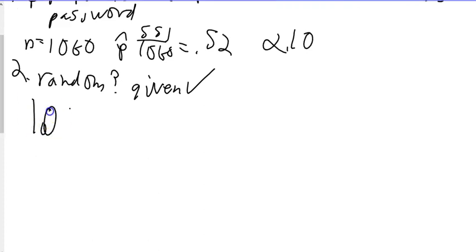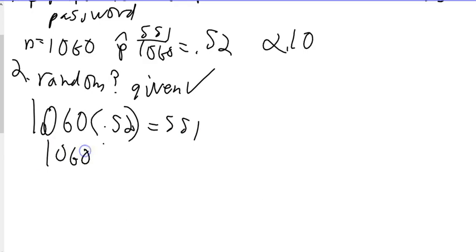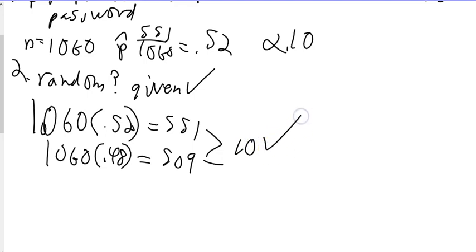Wow, that was a big one. 1,060 times 0.52, which is our p hat, is going to give us 551. And 1,060 times 0.48, 1 minus p hat, equals 509. That's going to give us our 1,060 people total. Both of these are greater than or equal to 10, by far, check mark.